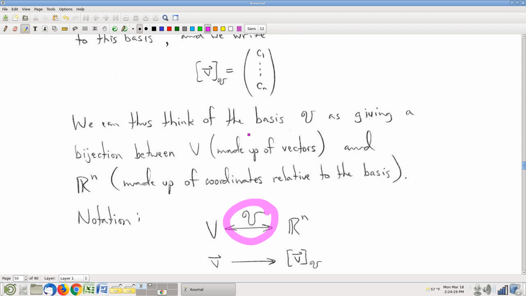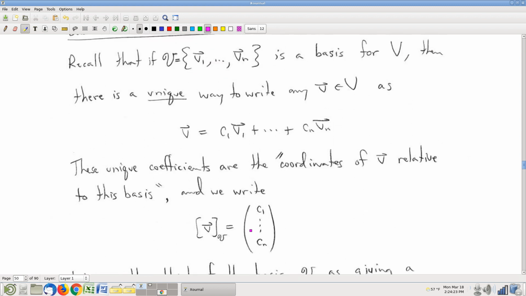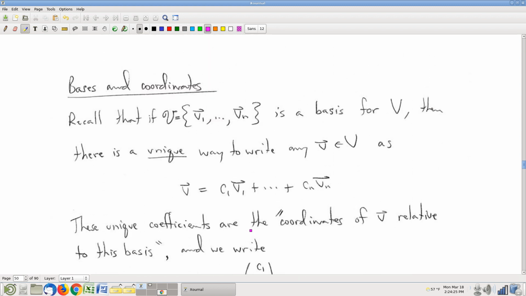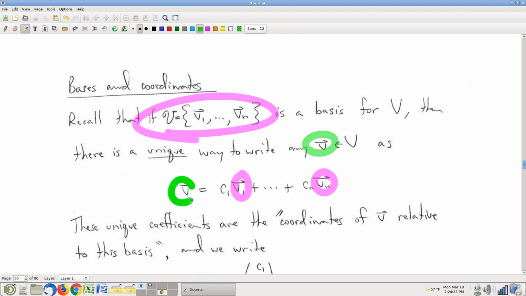Okay. Oh, yeah. Here's another observation. Let's go back up here. Given a basis, right? Given a bunch of these vectors, and given a vector in the vector space in question, we get corresponding coordinates. Well, no surprise, what the coordinates are depends on the basis.